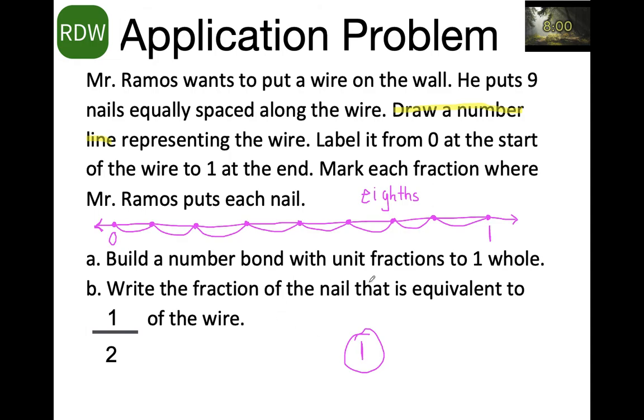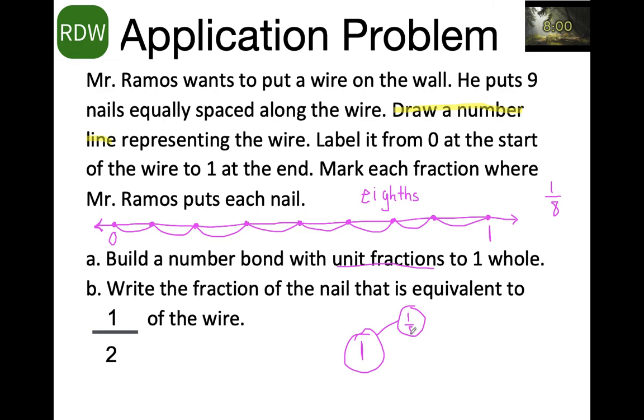And you would do the unit fraction. Our unit fraction for eighths is 1/8. How many 1/8s do we need to make 1 whole? We need 8 1/8s. So you should have 8 legs.